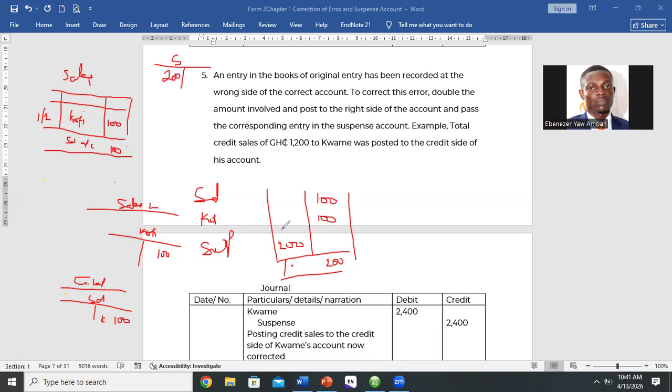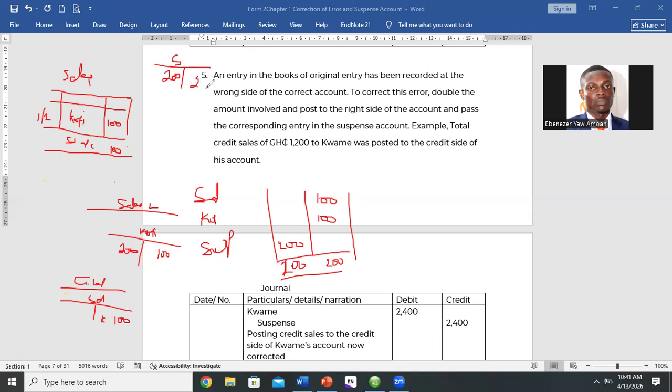So you go and do the investigation, then you realize that Kofi is supposed to be debited and not credited. So if you come to Kofi and you want to debit Kofi 100, you have to double the figure here to 200. So you debit Kofi 200 and credit suspense 200.